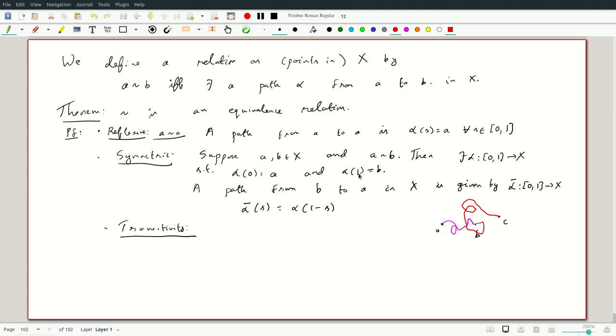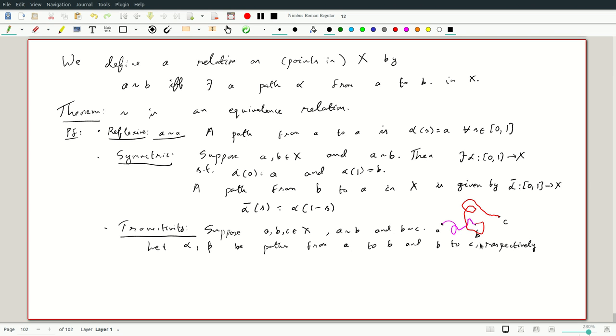So the path we generate is, well, let's first set up the hypothesis. So suppose we have A, B, C in X, and A is equivalent to B and B is equivalent to C. Then we have, let alpha, beta be paths from A to B and B to C respectively.